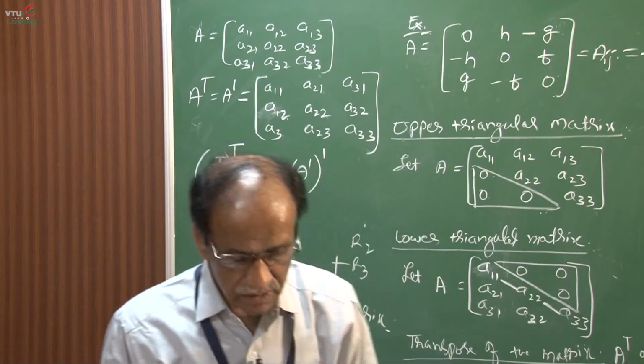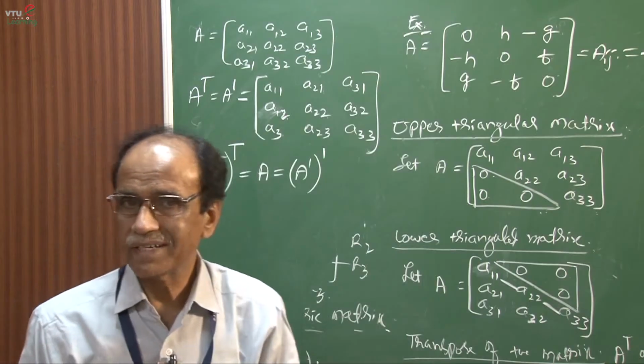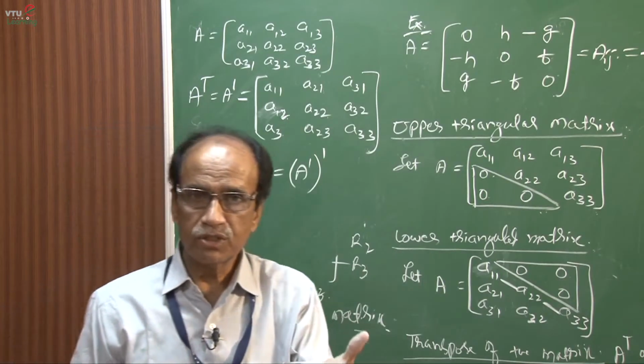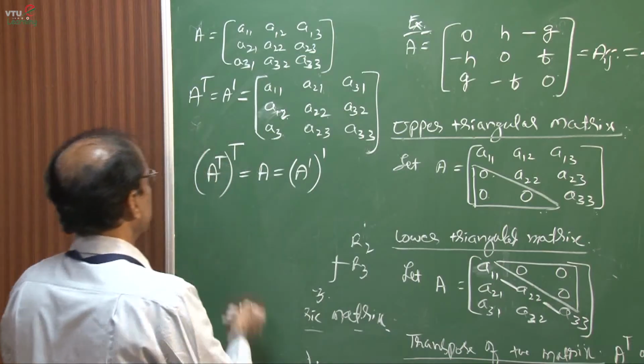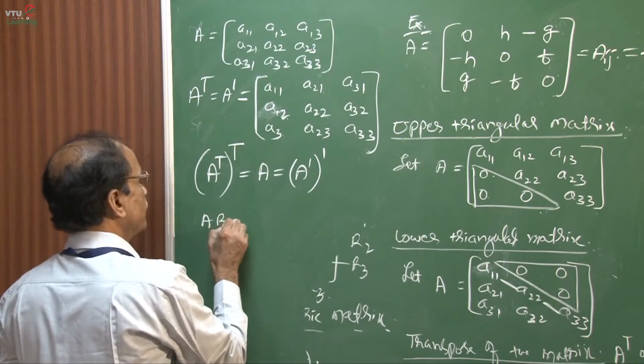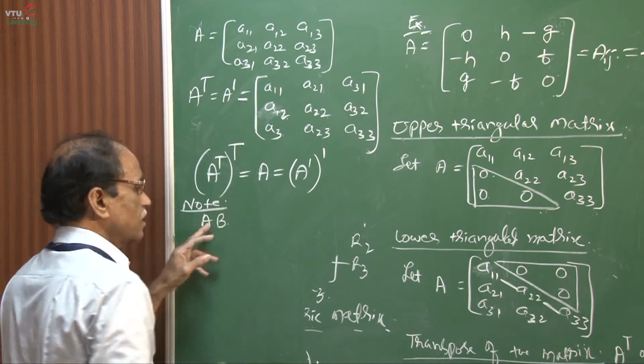Now what is the product property? If you come across two matrices, how are you going to explain the product? In the case of the transpose, the product is A into B. I will write it as a note for your application.